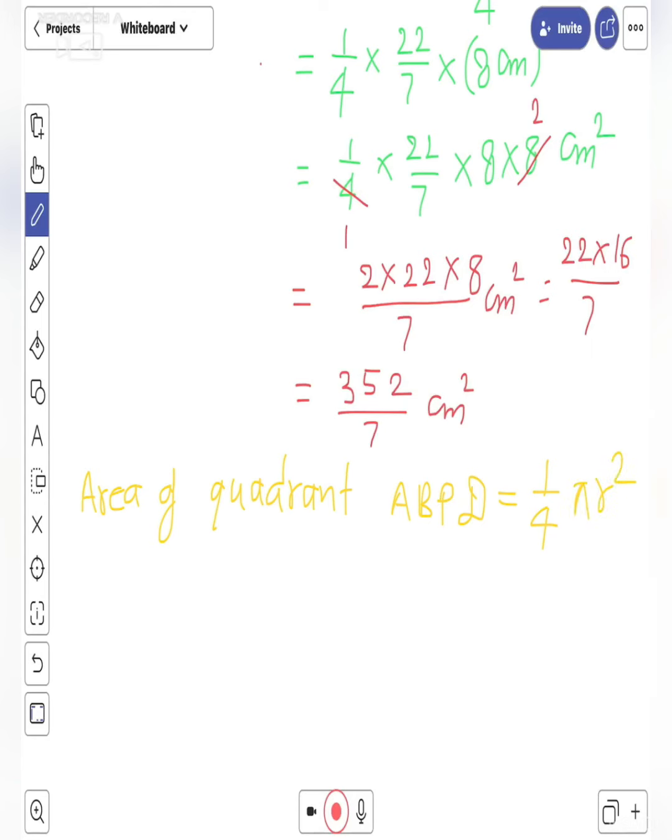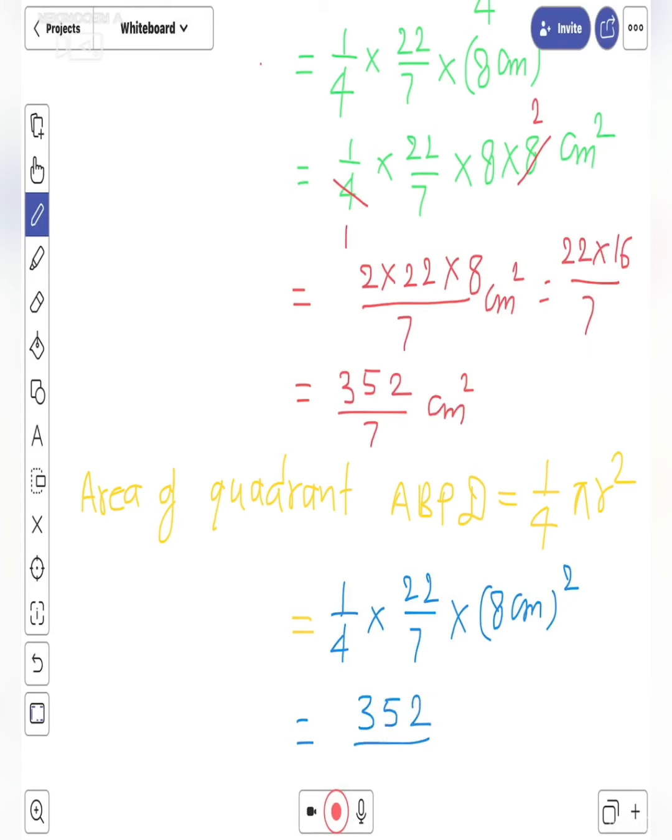This is the 1/4 part of the circle, and again put all the values. Then what you will get? Yes, of course you can write here 1/4 and pi means 22/7 and r again here 8 centimeter whole square. So directly you can write how much?